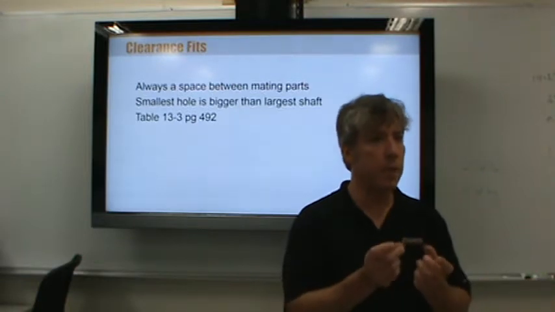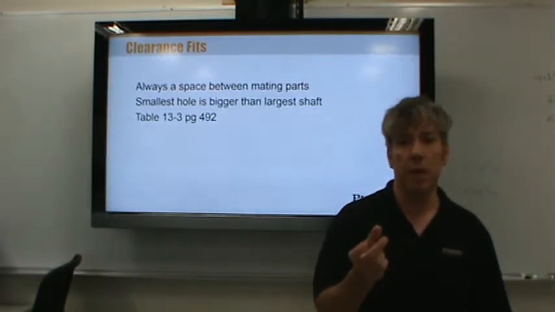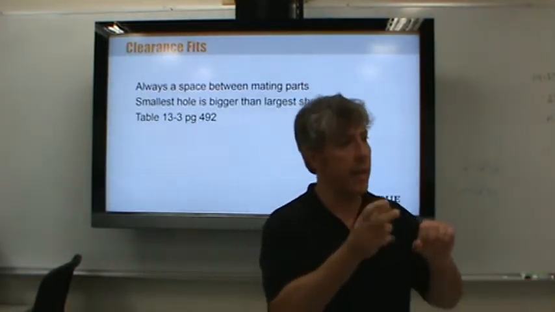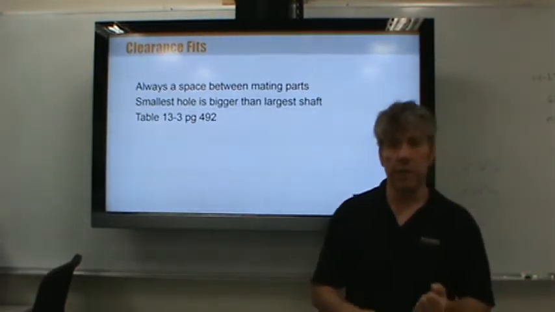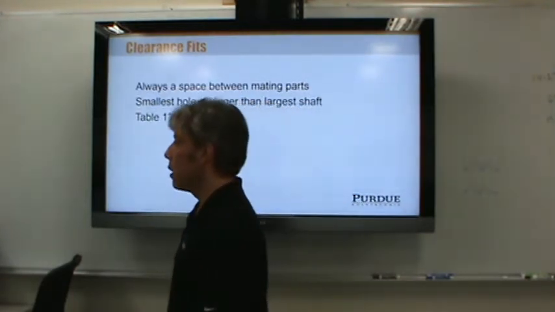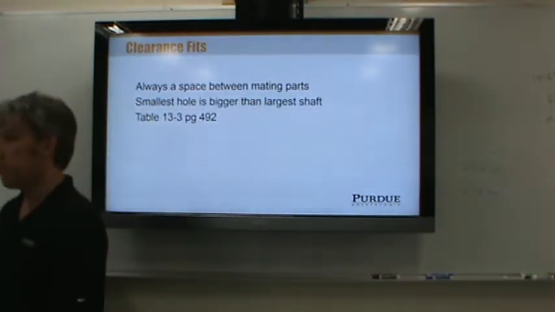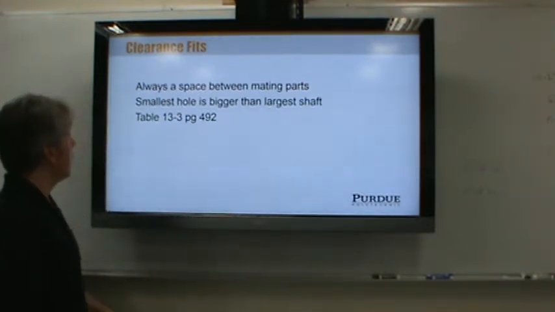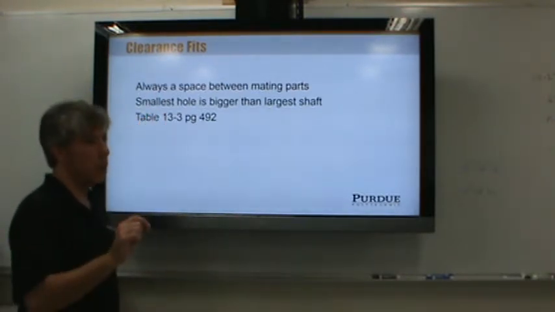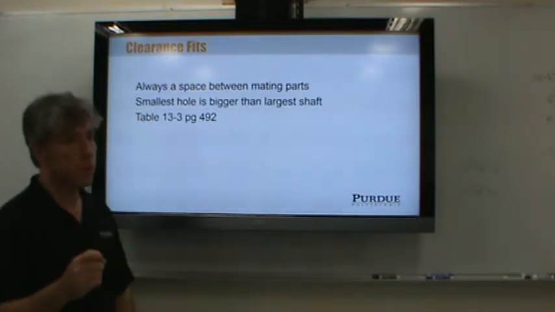There has to be some space between those parts. The outside dimension of the leg that slides inside the other one has to be smaller than the inside dimension, otherwise it just won't fit, right? Or at least it'd be very difficult to get them apart. So usually we talk about fits in the context of round things, shafts and holes. And so in a clearance fit, the smallest hole is always bigger than the largest shaft.